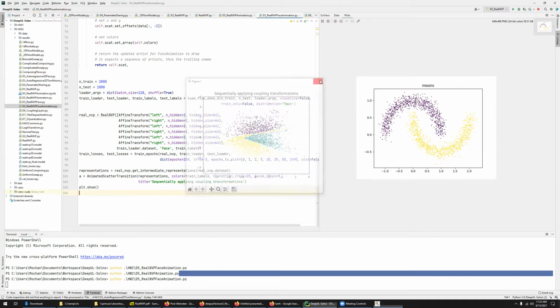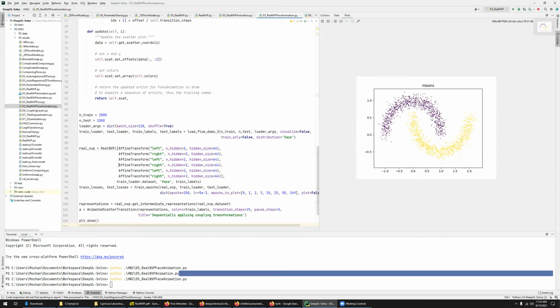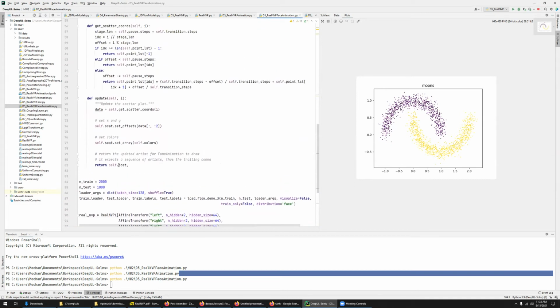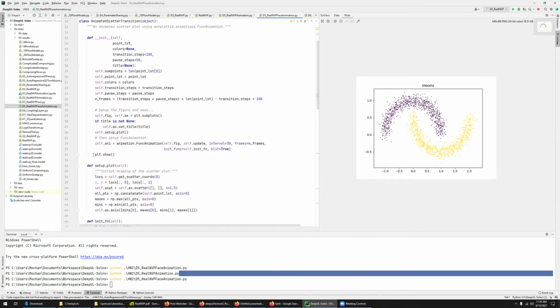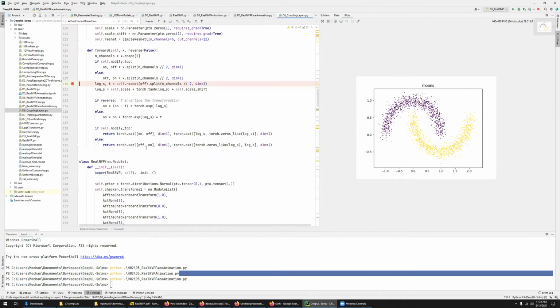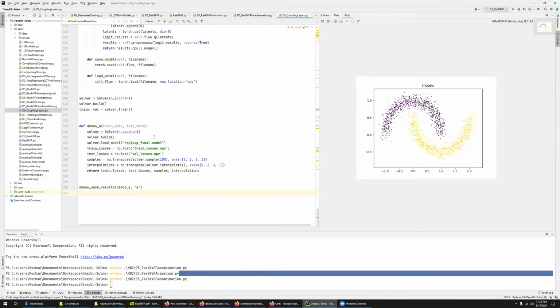Okay, so it can go to D6. In this case, the complication is the masks. The mask is now not just left and right.